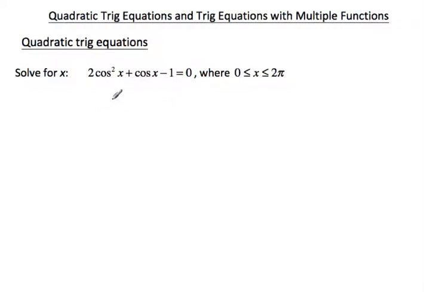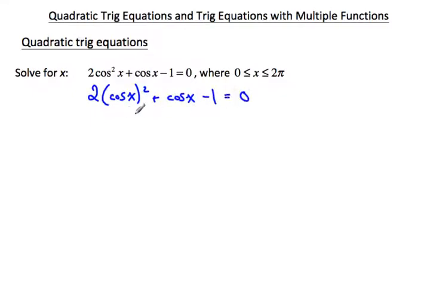Now, the first thing to recognize here is that we've got several instances of cosine, so we're not going to be able to solve this equation as simply as we did in the last video. But notice that we can rewrite it like this. That cos squared x means take the cosine of x first, square it, and then multiply it by 2.